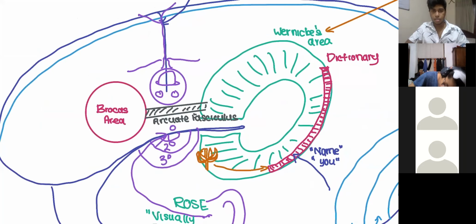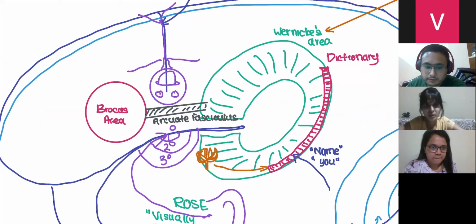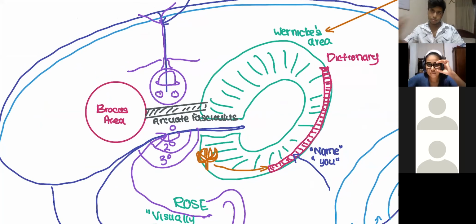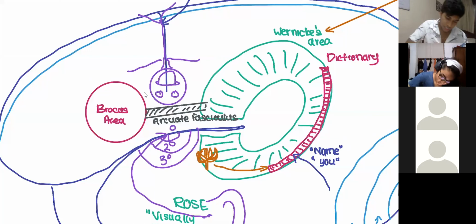I'm going to ask a question just to see how much you have understood. Is the Broca's area involved in language production, in speech, or is it the Wernicke's area? Broca's, yes, because it is in the primary motor cortex.